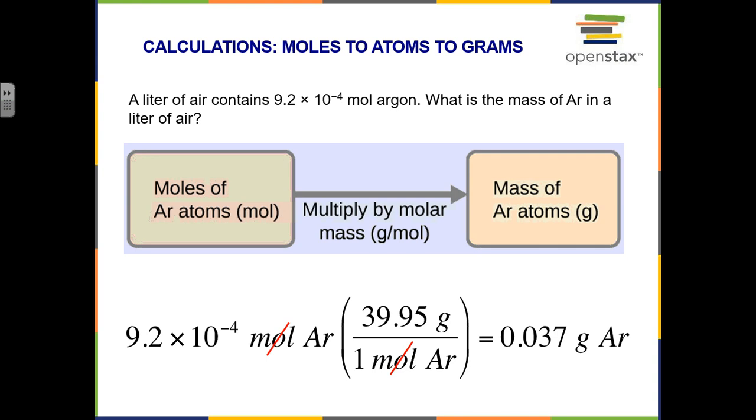In this case, the molar mass is different because the element we're talking about is different. So you're taking your 9.2 times 10 to the negative 4, and that's going to be multiplied by a value of 39.95. And again, the 39.95 comes from the molar mass of argon, and that yields your mass of argon, which is 0.037 grams of argon.